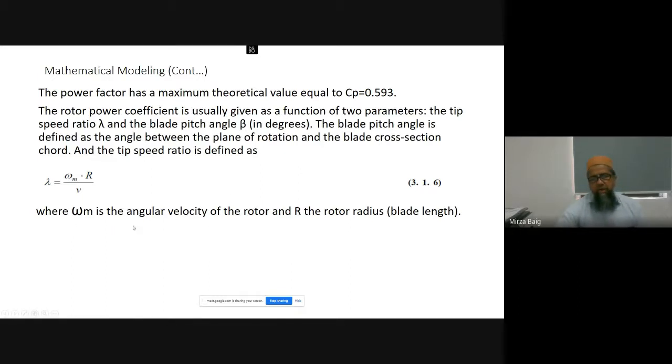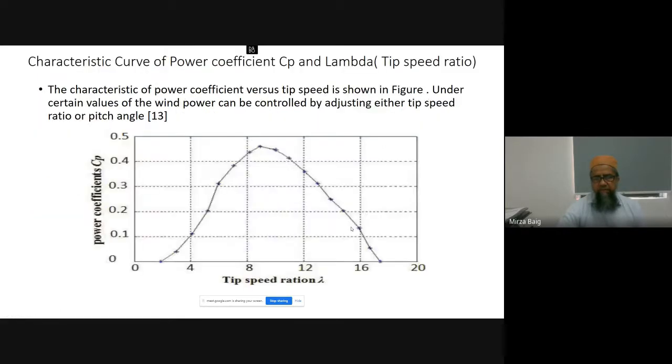So omega m is the angular velocity, r is the rotor blade length, and v is the prevailing wind speed. If you look at the characteristic curve between the power coefficient Cp and the tip speed ratio, you'll find the maximum power coefficient at a tip speed ratio lambda of around 8 or 9.